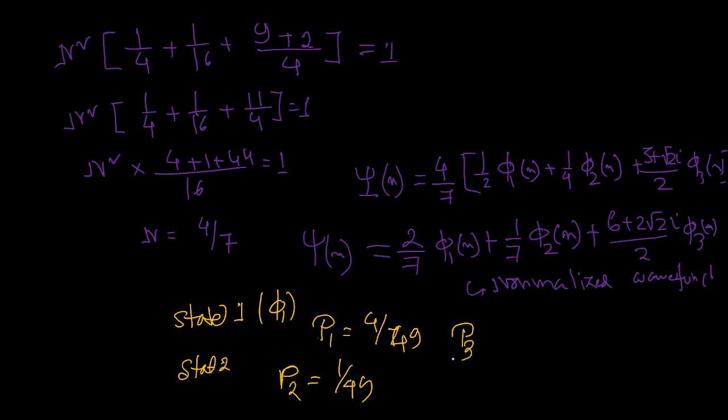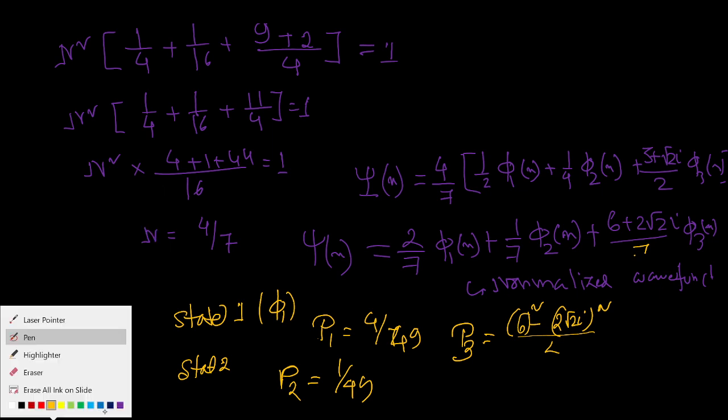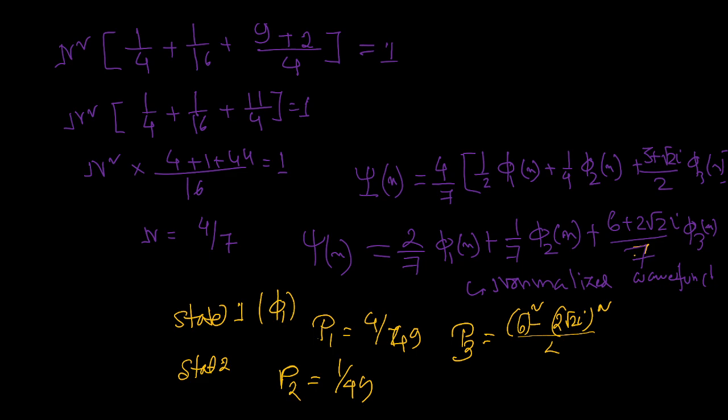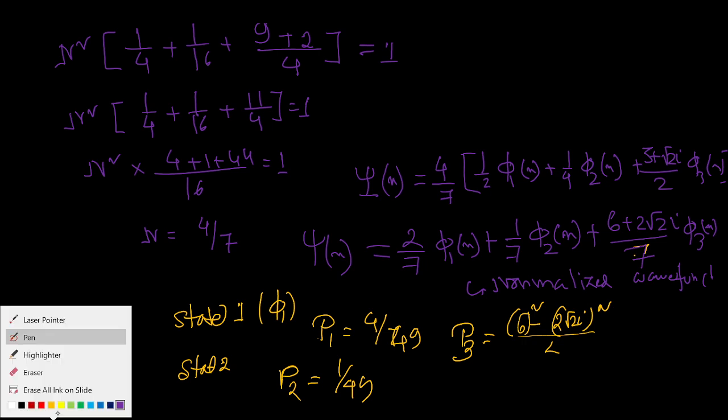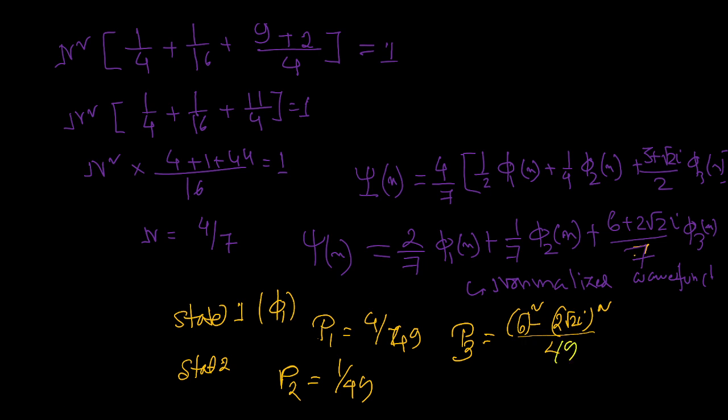State 3, 6 square plus 2 root 2 i square by 49, so 36 plus 8, so 44 by 49.